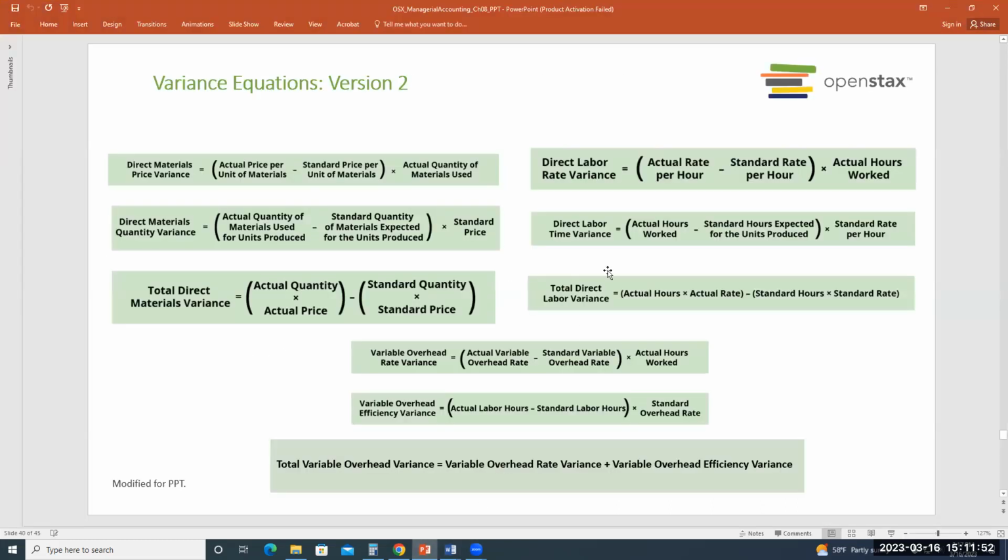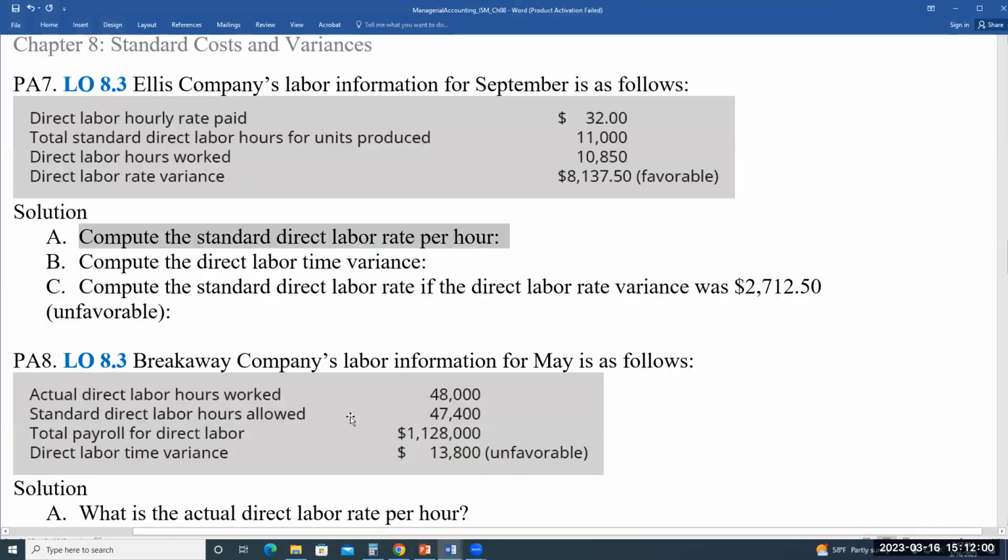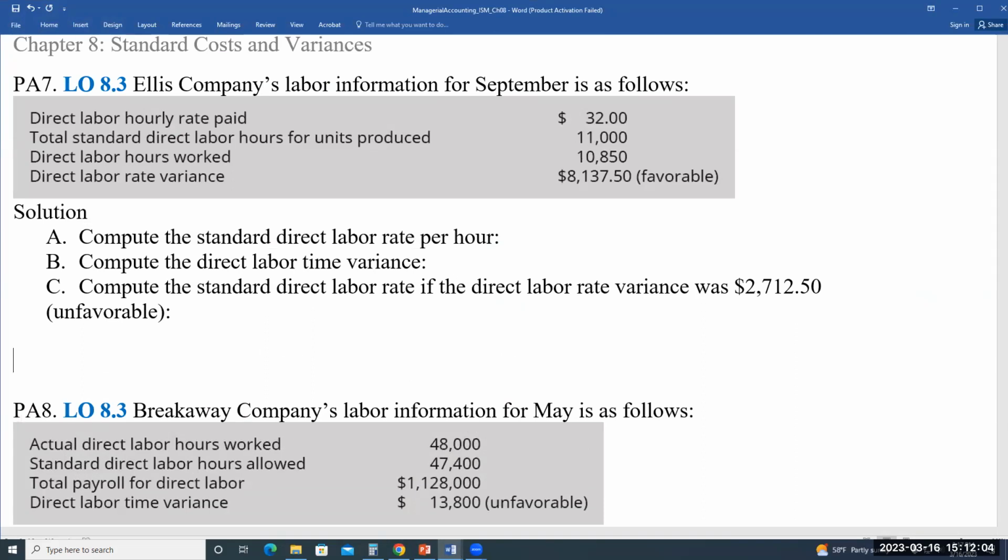So let's look at this formula. This is a simplified formula. Direct labor rate variance, which is 8,137.50, right?